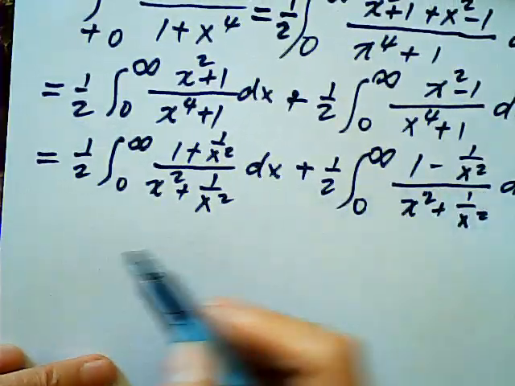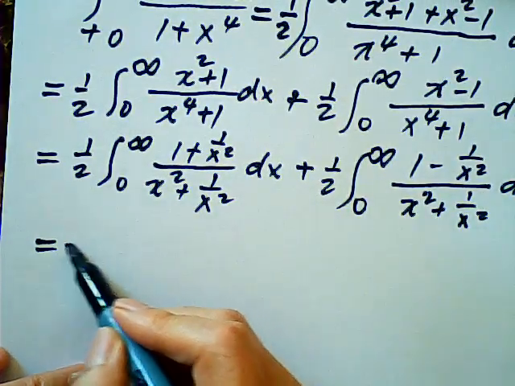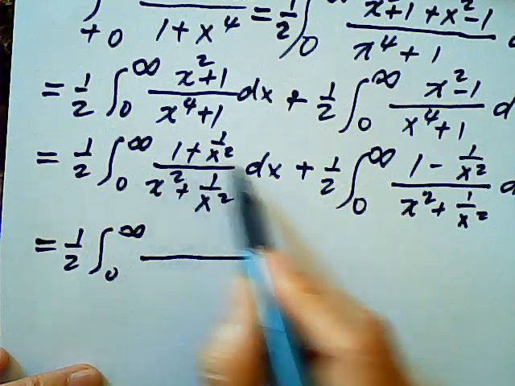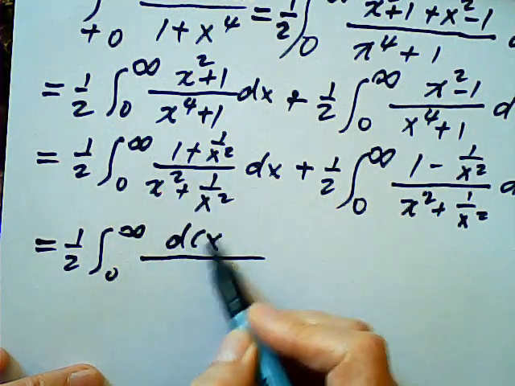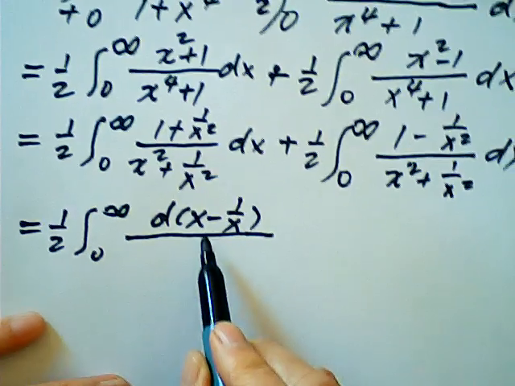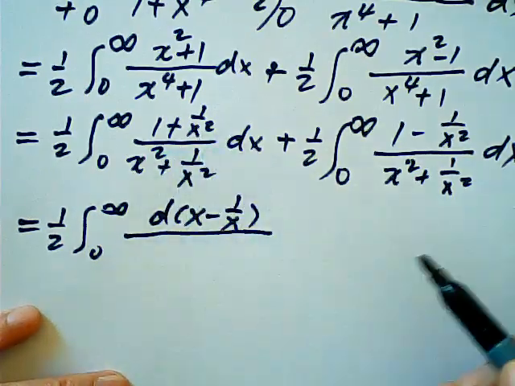Now the reason for doing this is that I'm introducing a new variable. The new variable is x minus 1 over x. See, that derivative is 1 plus 1 over x squared.